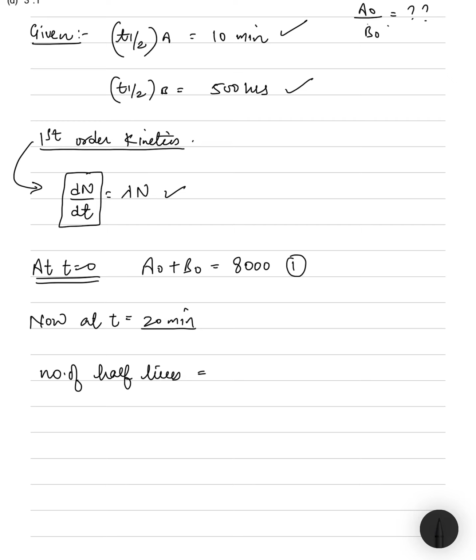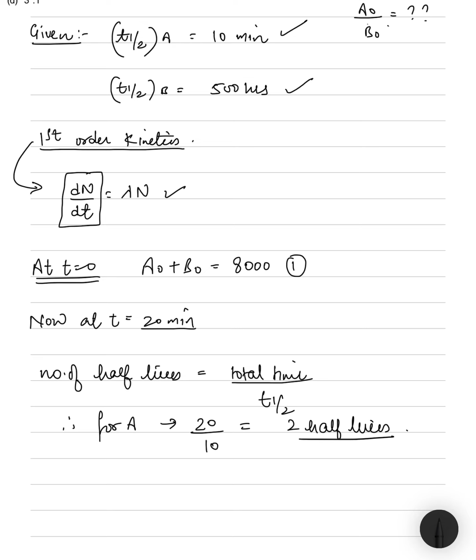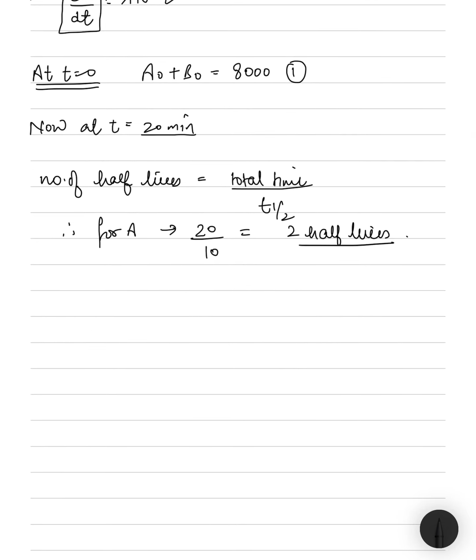It is equal to total time upon T half. Therefore, for A, we have total time 20 minutes upon half-life 10 minutes. So for A, there are two half-lives, right?